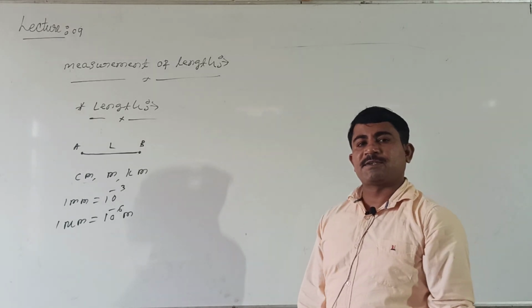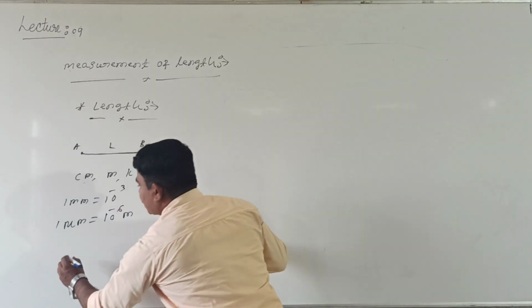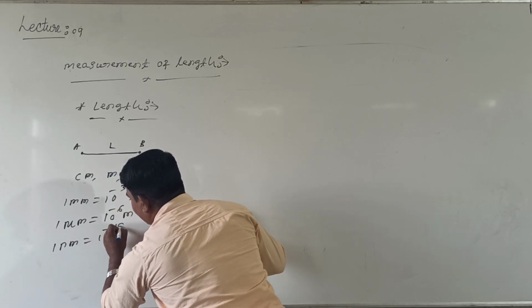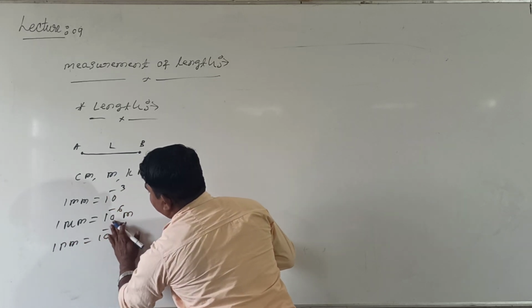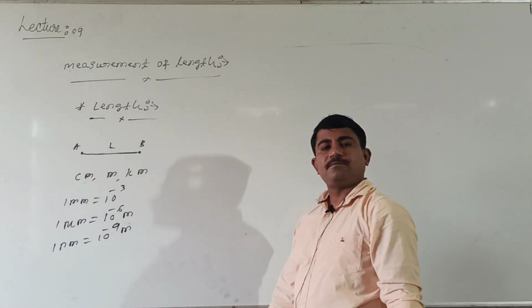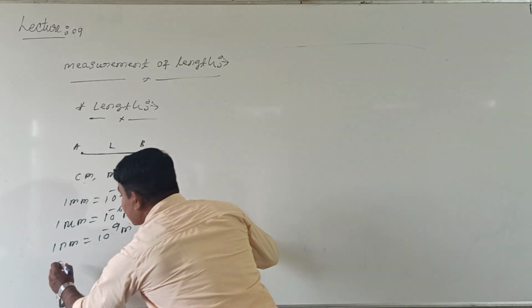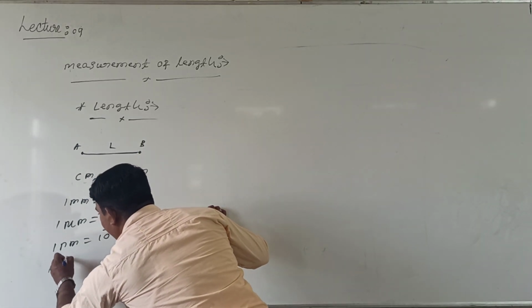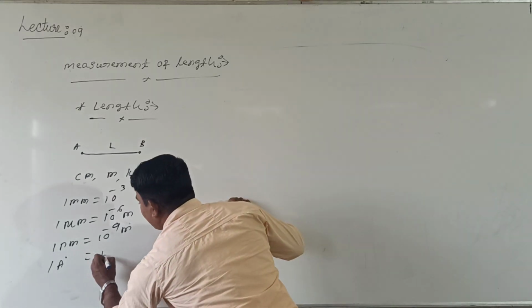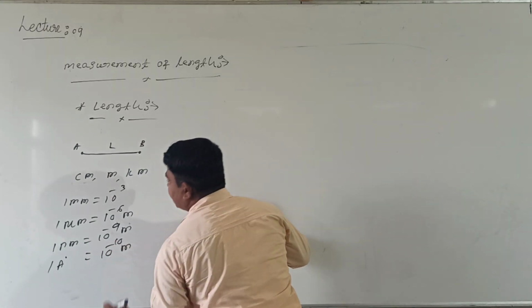Next, 1 nanometer. 1 nanometer means 10 raised to minus 9 meter. 1 angstrom unit equals 10 raised to minus 10 meter.